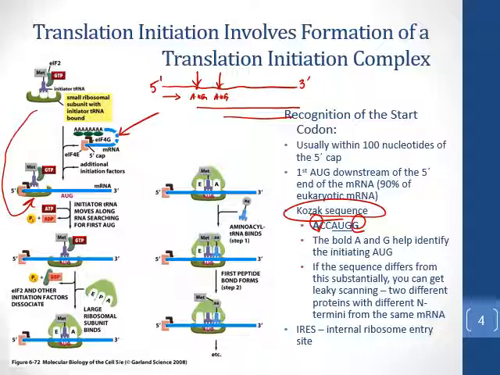Once it gets to the Kozak sequence, the large ribosomal subunit is going to be added, and this EIF2 is going to be removed. Remember, this is a G protein, and when the small ribosomal subunit and the EIF2 reach the Kozak sequence, the GTP gets converted to GDP.